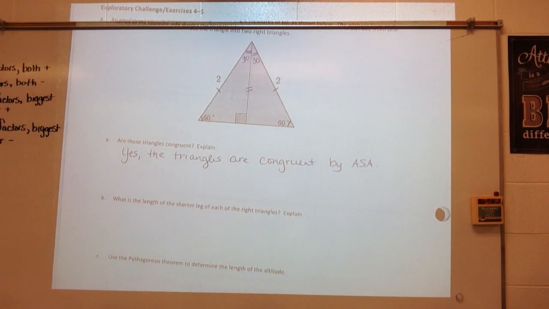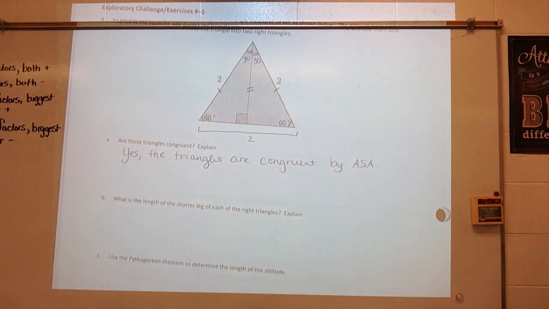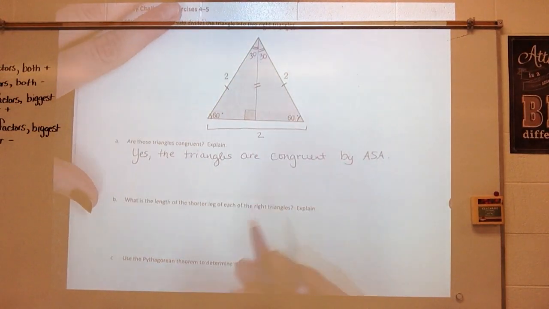Well, since the total length of the base of the equilateral triangle is 2, alright, because remember it says it is an equilateral triangle, that means this is 2. The two right angles formed are congruent, then the bases of each must be equal in length. So therefore, the base of one right triangle is 1. This is my shorter leg.